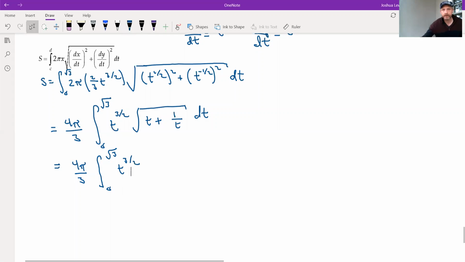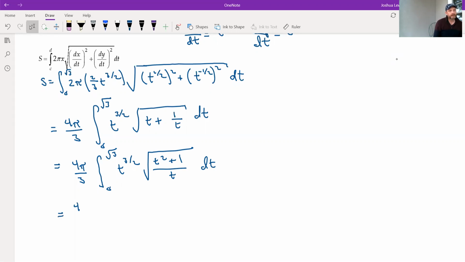All right. So now, let's see. My radical will become, get a common denominator here, t squared plus 1 over t dt. And I'm thinking nice things are going to happen. So I'm going to have a 0 to root 3.